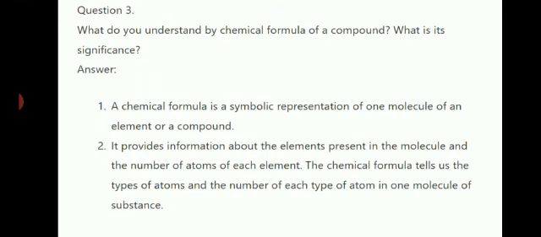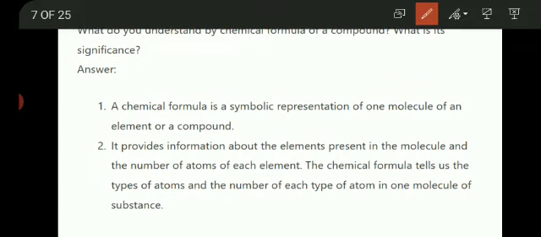Next, the third question. What do you understand by the chemical formula of a compound? What is its significance? We already taught this chemical formula in the second video. However, I will give you some explanation. A chemical formula is a symbolic representation of one molecule of an element or compound.